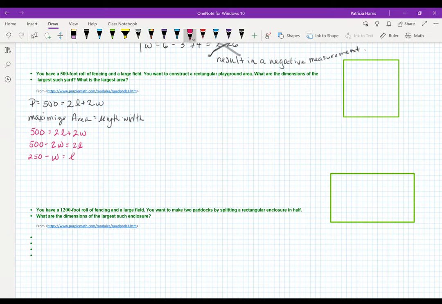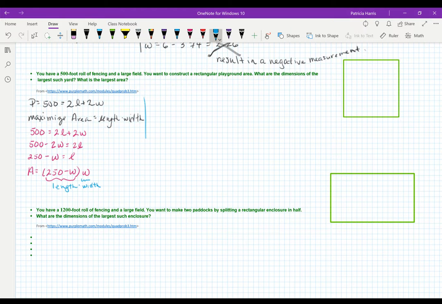Like that. So now my area formula could read area is equal to 250 minus W times W. So I have a length times a width still. So this is going to give me a quadratic.